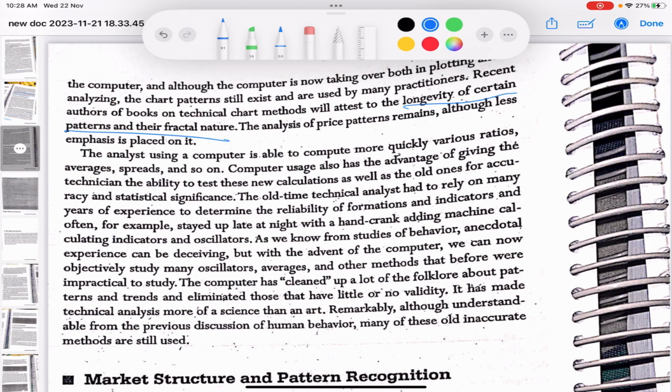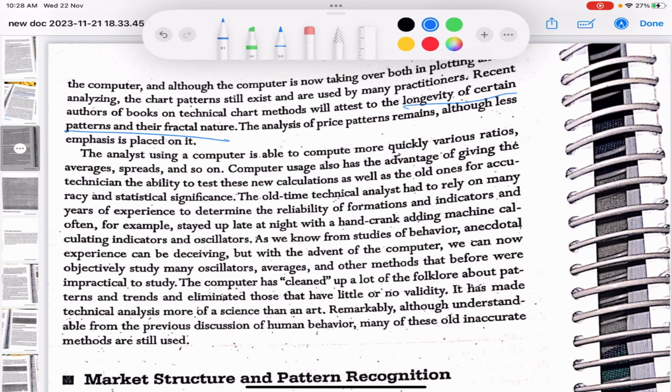Those are things humans cannot do that quickly, so you take the help of computers, and they do that in less than a second. So there are advantages because we are able to backtest many things and test much data.